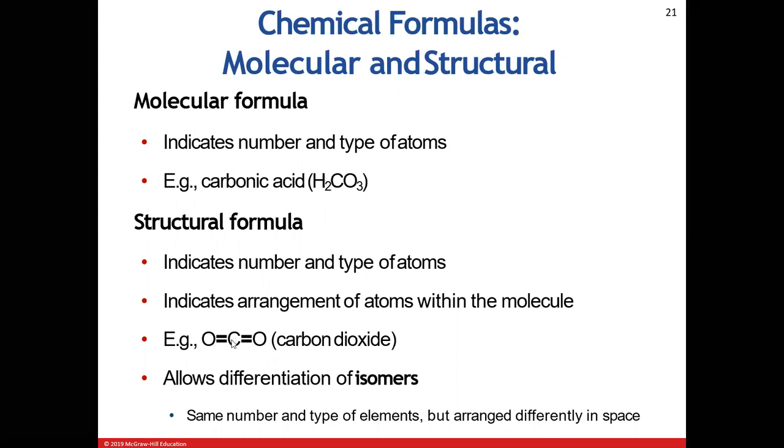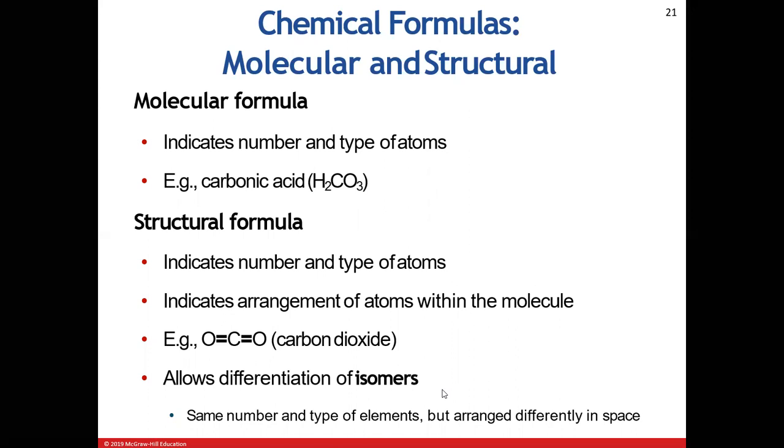We have carbon in the middle sharing 2 pairs of electrons with each oxygen atom, okay? Now, what this does then, it allows differentiation of isomers, which is the same number and type of elements, but they're actually arranged differently in space.